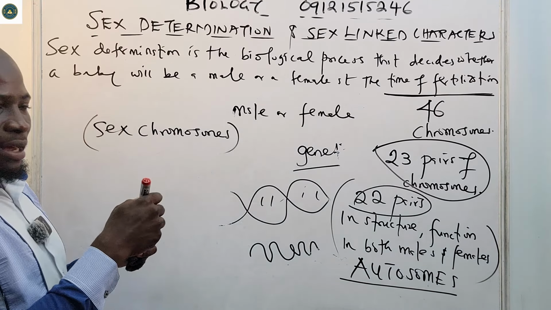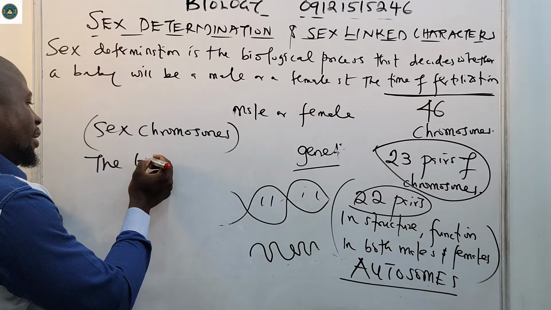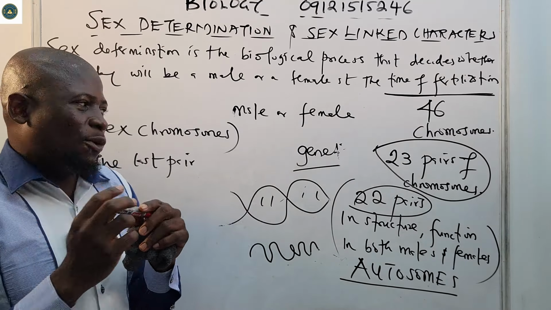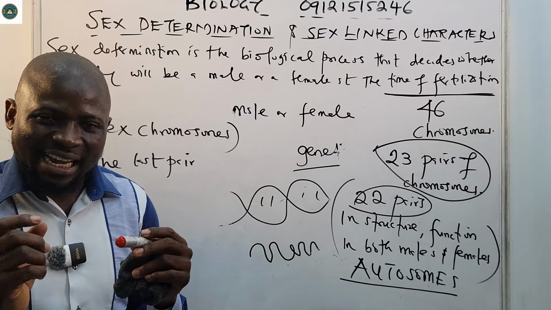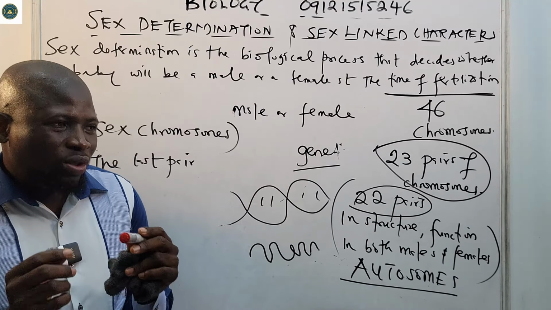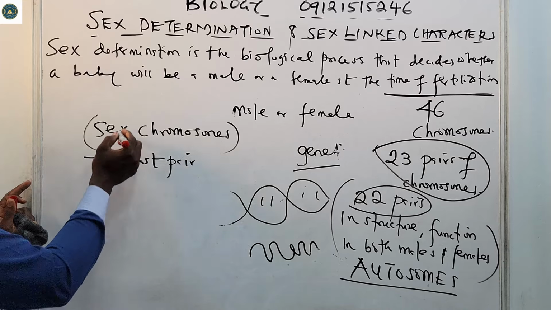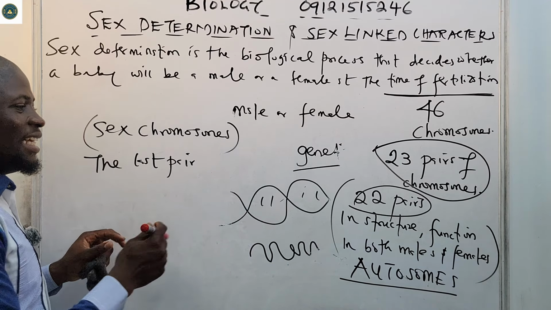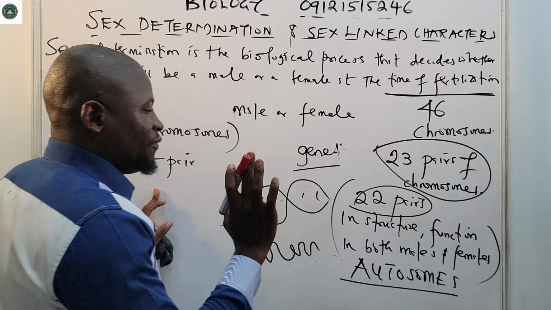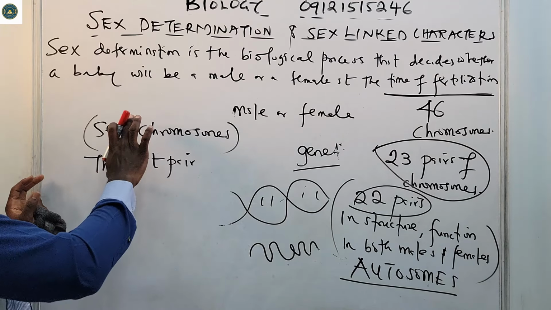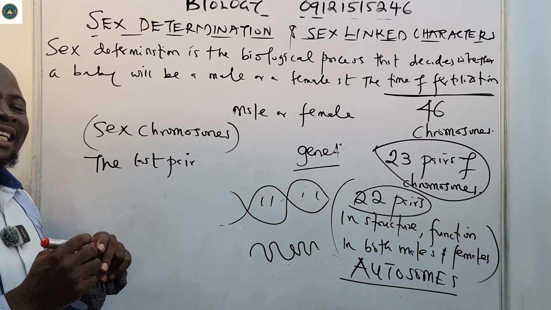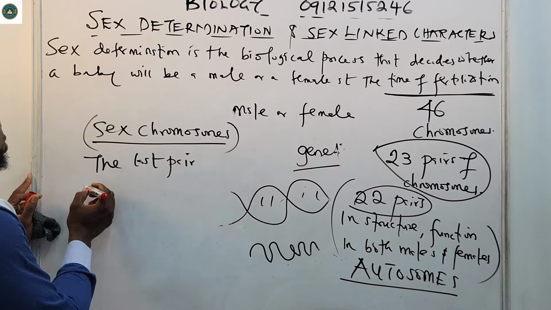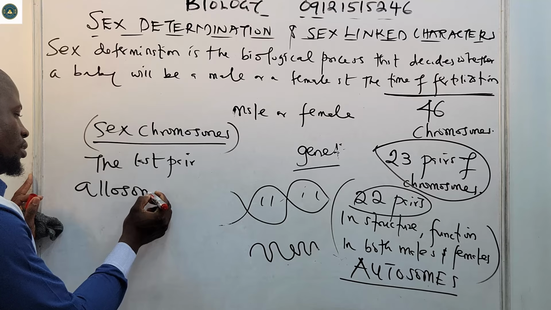The last pair of chromosomes are the ones that we refer to as the sex chromosomes. So the 23rd pair is the one that is different. The first 22 are similar in structure and function in both males and females. It is this 23rd pair, or the last pair, that is different. That is now known as the sex chromosomes, or we call them the allosomes.